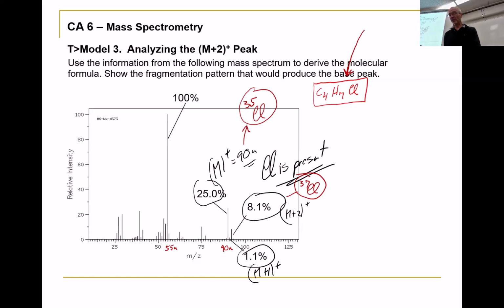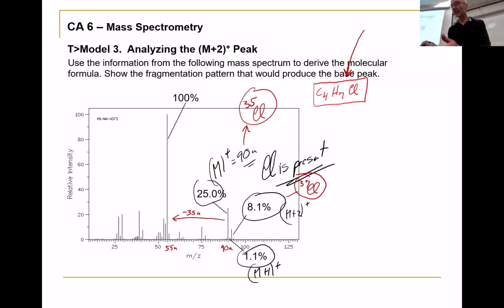So the difference between those two numbers should be pretty obvious. It's 35 atomic mass units. And so that's what gets lost. And of course, that's the mass of the chlorine isotope, 35 in terms of nominal units.